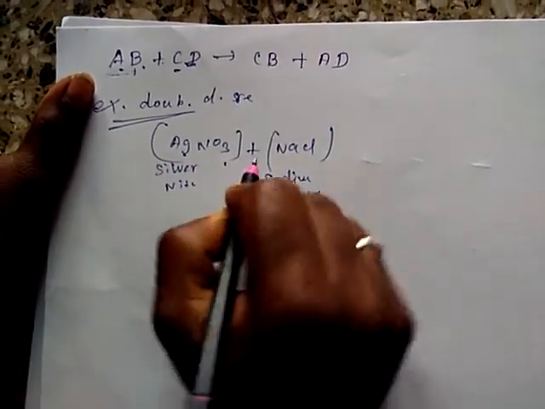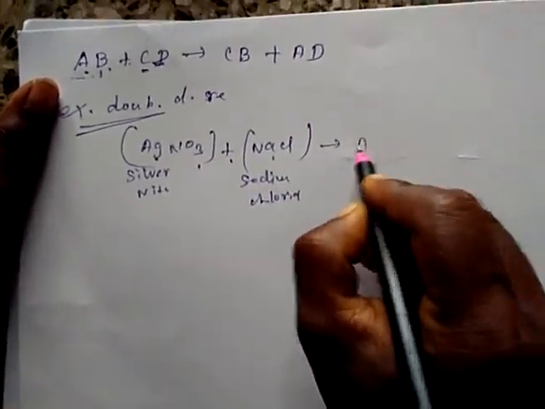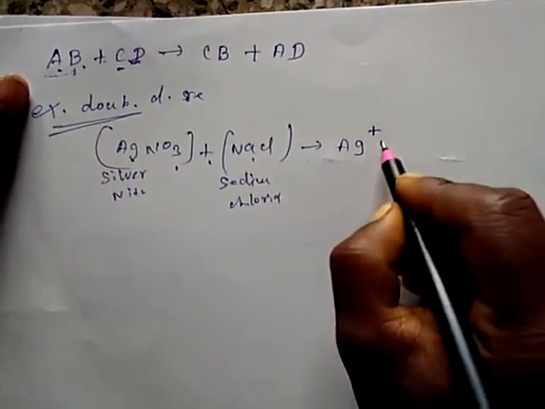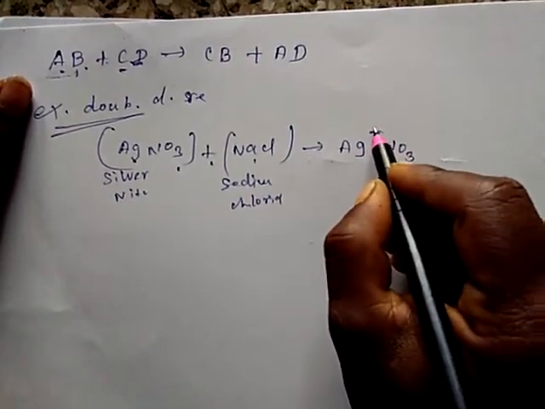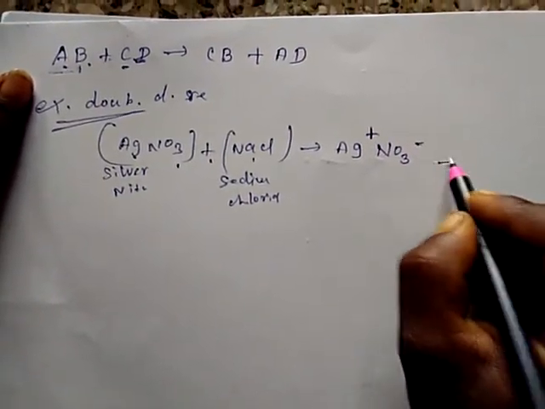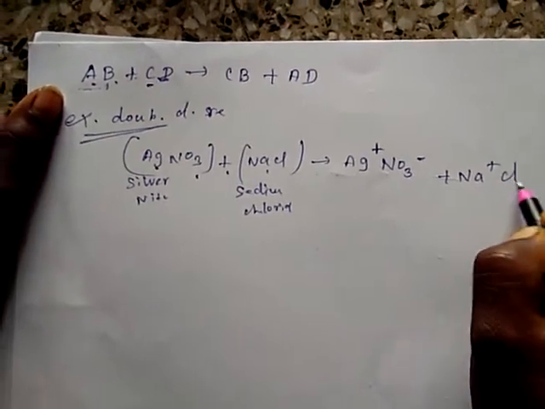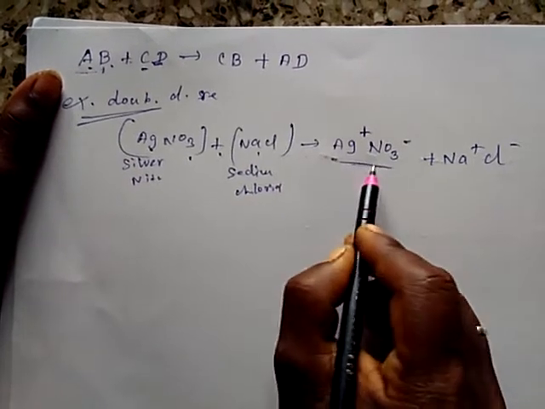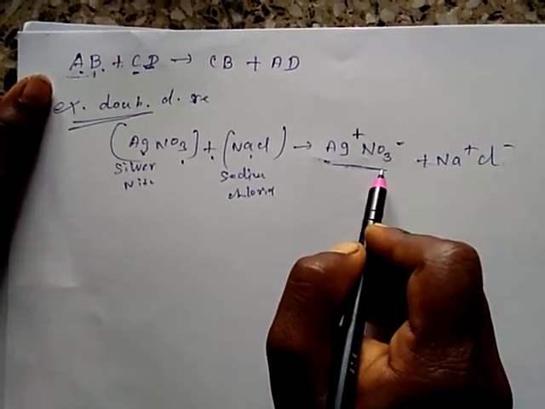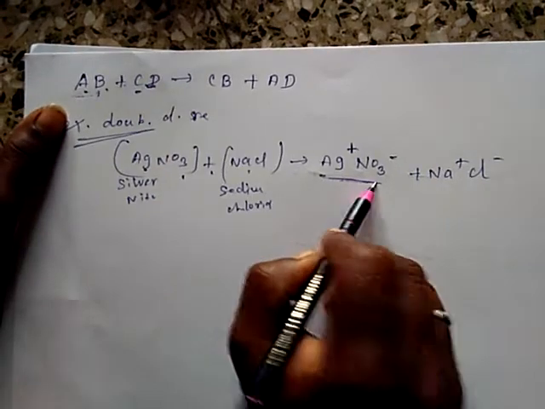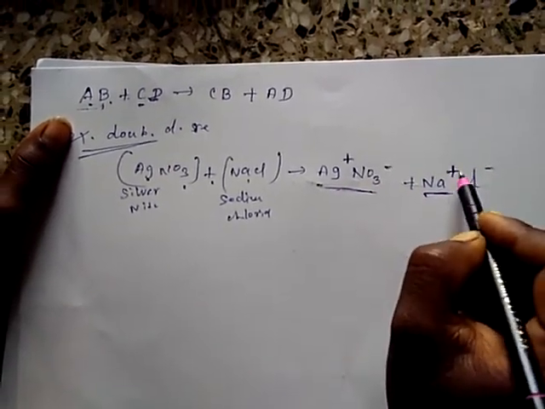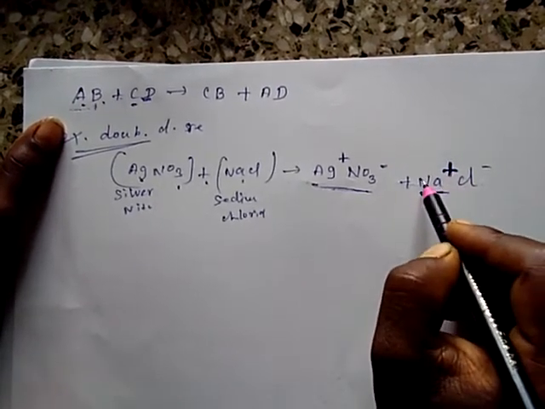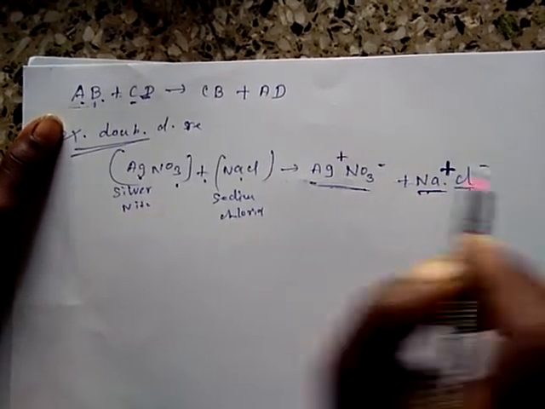Silver nitrate plus sodium chloride gives silver ion, nitrate anion, plus sodium ion, chloride anion. So we have silver ion, nitrate, and sodium ion, chloride.